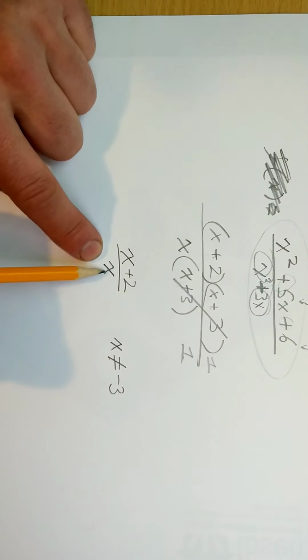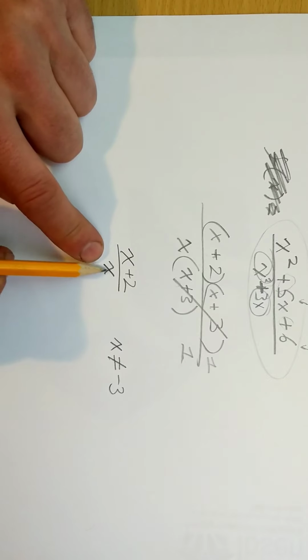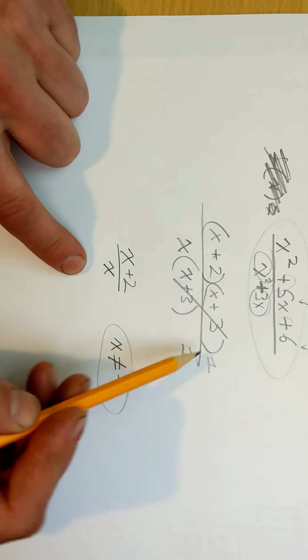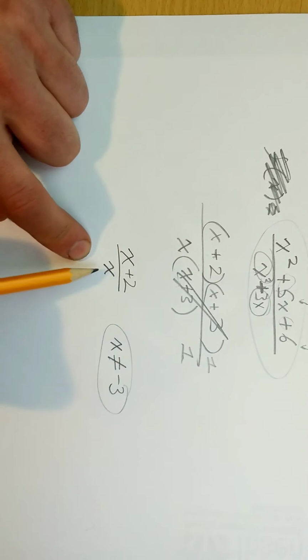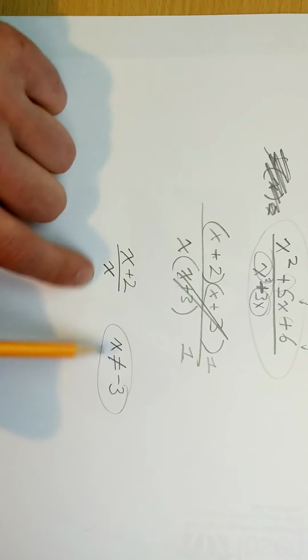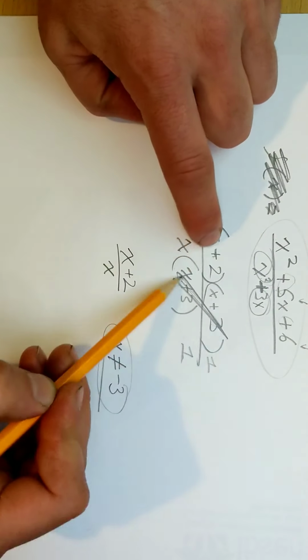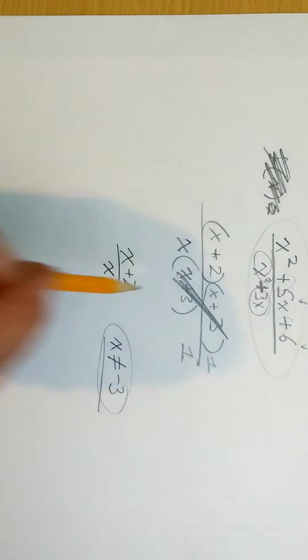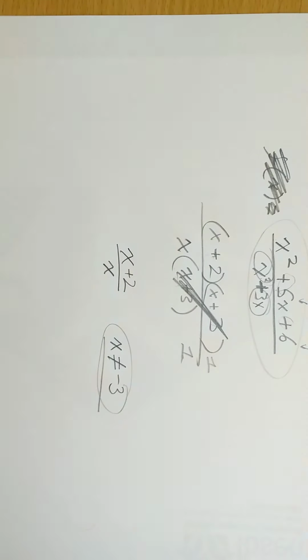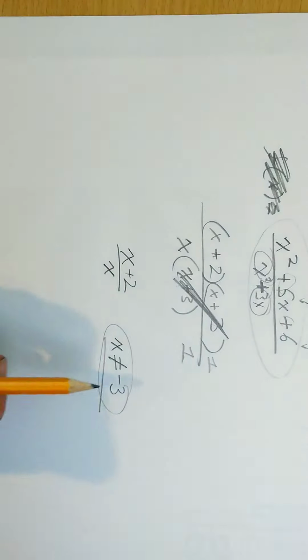But a fellow mathematician can see that x cannot be 0. But they cannot see this fact because we got rid of that fact. So the obvious fact, x cannot be 0. Also, here's an invisible fact that we got rid of right here. Okay, so canceling things is great, makes things simpler, but it does technically remove a piece of information, and so we write that piece of information on the side.